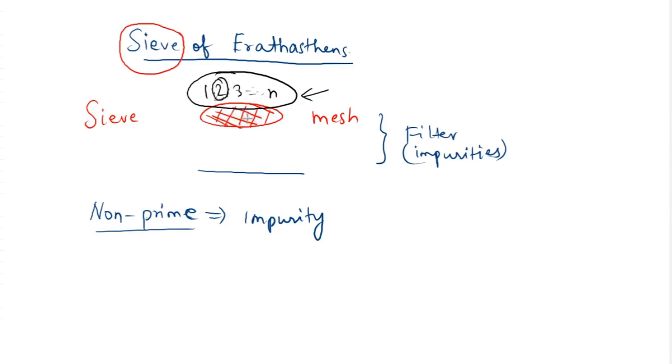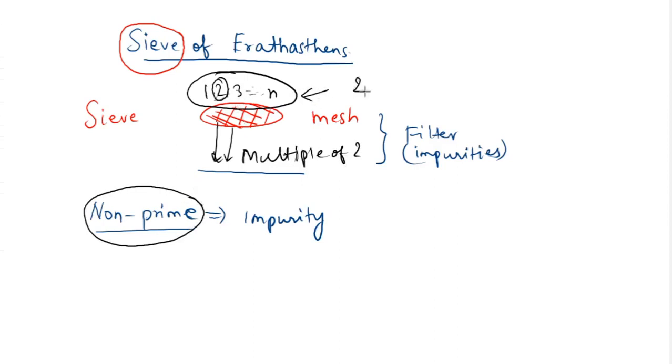So the mesh size will be set so that only elements which are multiples of 2 will be filtered out. These multiples of 2 become impurities, which are basically non-prime numbers, and 2 will be left out, remaining all will be filtered out.